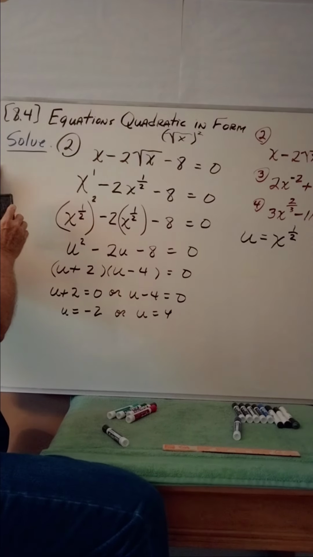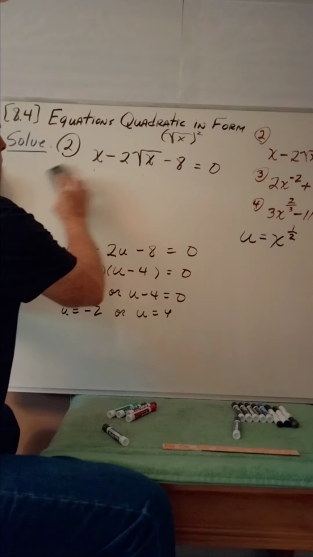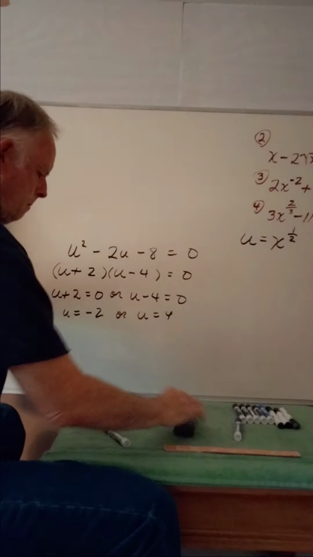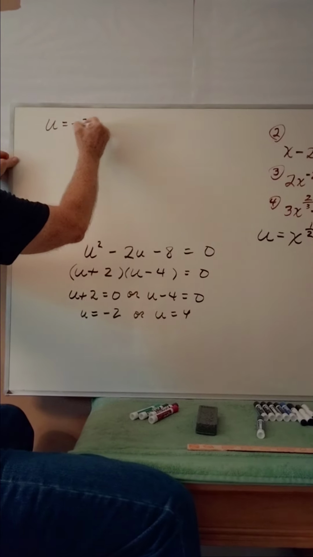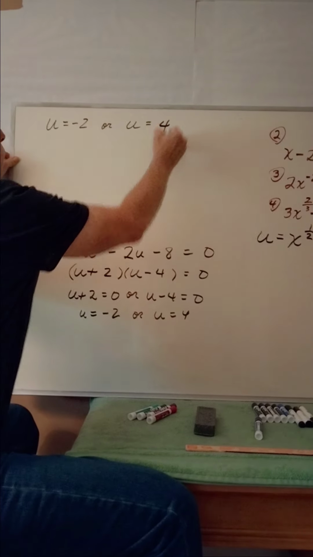I'm going to erase some of this top stuff so I can work up above. U is equal to -2, or u is equal to 4.